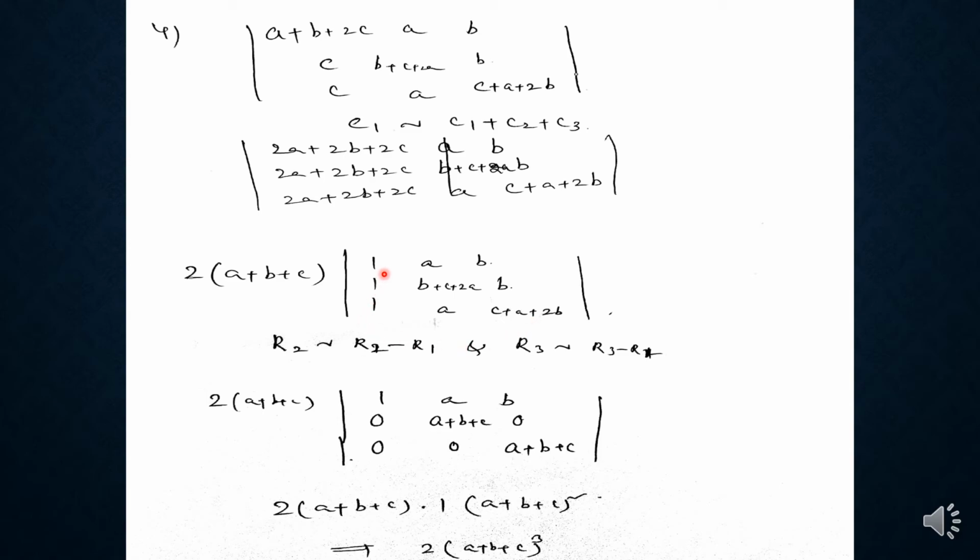So here in the first column we got 3 ones. If we have 3 ones in any row or any column, make row operations or column operations to change 2 ones as zeros.